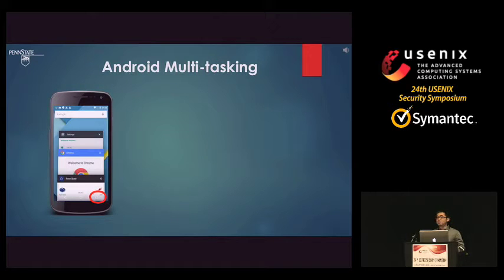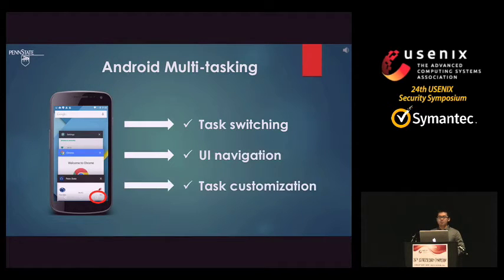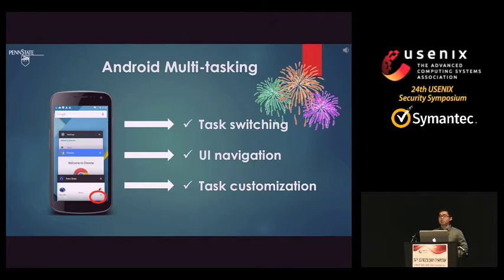Users can also switch between different tasks by clicking the lower right button and going to the overview screen. We can see that Android multitasking has greatly promoted user experience, for example task switching and UI navigation, and it also allows developers to customize app behaviors.